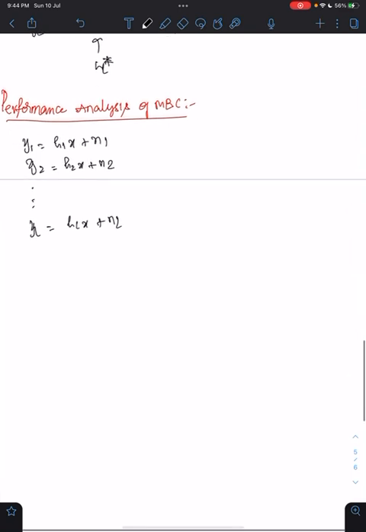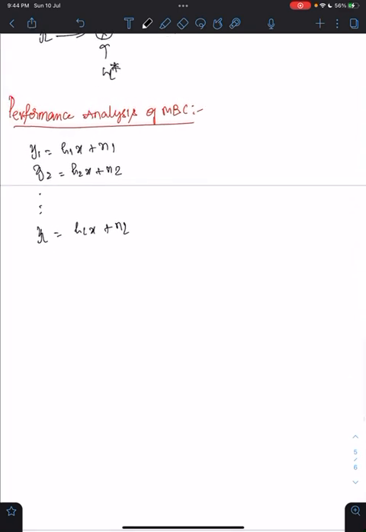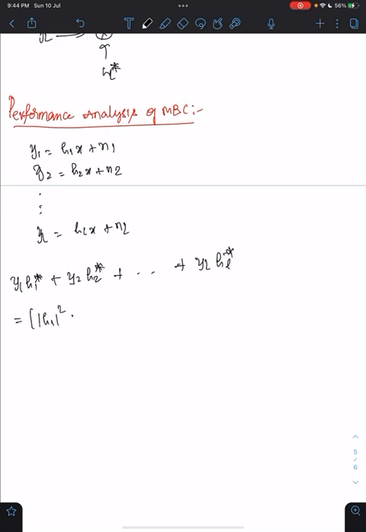I will just try to perform the MRC: y1 h1 star plus y2 h2 star plus yL hL star equals mod of h1 square plus mod of h2 square, and so on. I'm skipping a couple of steps of algebra. That is the norm of h square times x plus h1 star n1 plus h2 star n2, and so on, up to hL star nL.